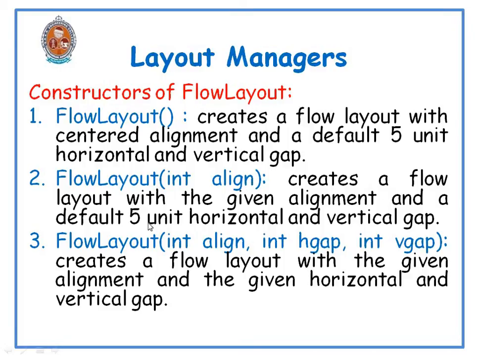Here also the default horizontal and vertical gap is 5 units. Why? Because here we didn't mention any gap. Coming to the third one, flow layout of int align, int hgap, int vgap. That means we can create a flow layout with our given alignment, but here we can also specify the horizontal gap and vertical gap between the components by using hgap and vgap.